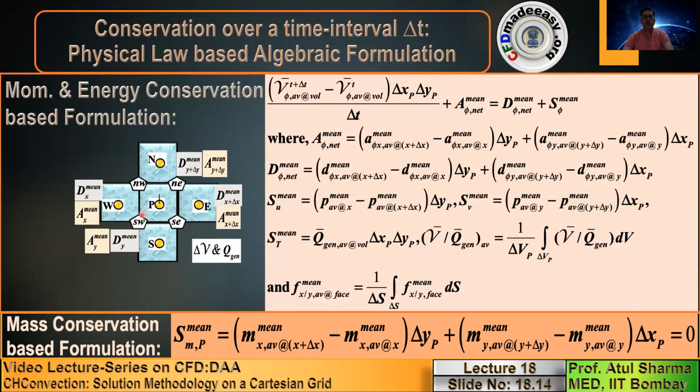Note that in 2D there are 4 surfaces: x, x plus delta x, y, y plus delta y. By using discrete math, although these fluxes are presented mathematically as continuous in space and time, we are breaking the continuity in time, and if we want to represent at one time instant, we call it a time average value.